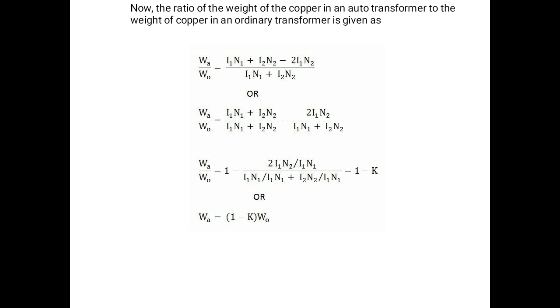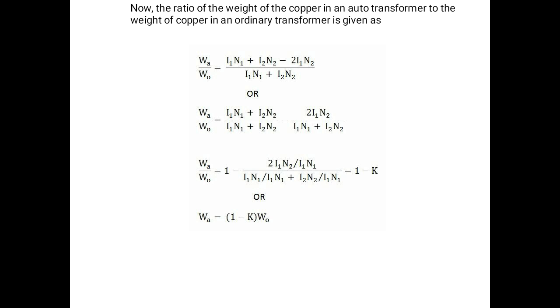So WA upon W0 is equal to 1 minus 2 I1 N2 divided by I1 N1, upon (I1 N1 plus I2 N2) upon I1 N1, that is 1 minus K. The second term is considered as constant, that is K. So the weight of copper in auto transformer is equal to 1 minus K times the weight of copper in two winding transformer W0.